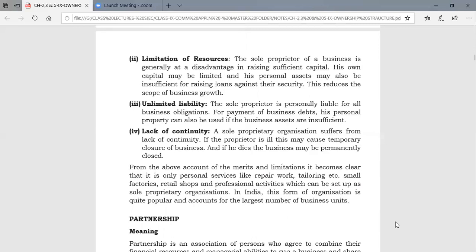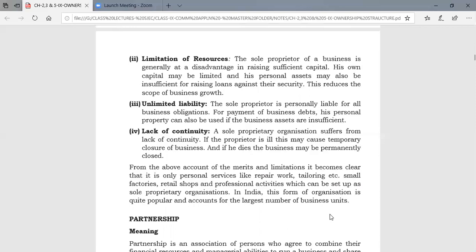If the proprietor is sick, this may cause temporary closure of the business because there is no one else to look after it. If he dies, the business may be permanently closed. So there is always a risk of continuity in this type of business.